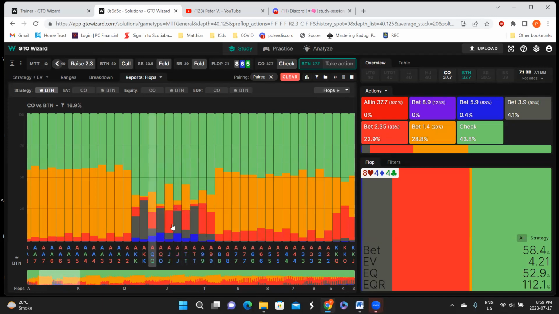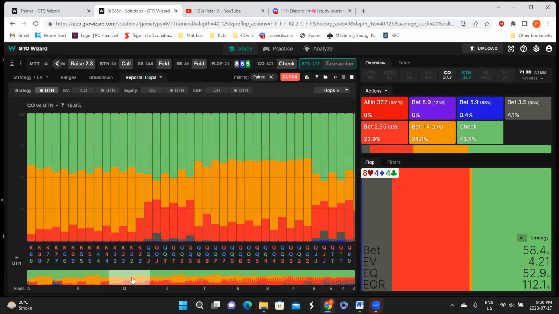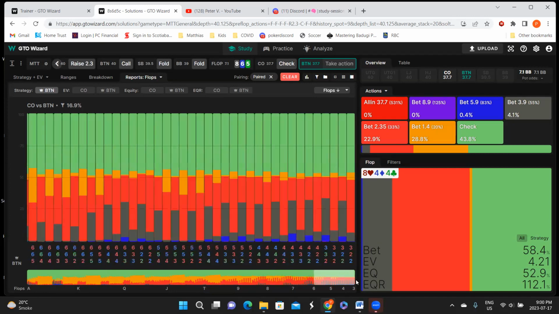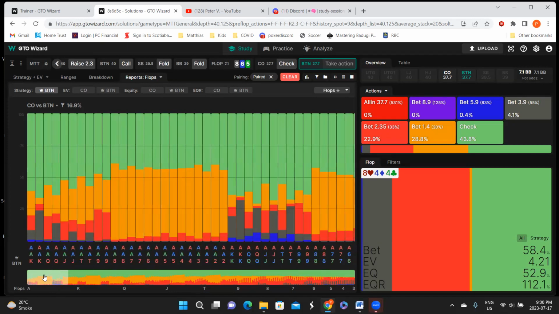When it checks from the cutoff to the button, we can see the button is just betting small across almost all of the frequency, about 60 to 65% of the time, right? Just kind of a probe bet.